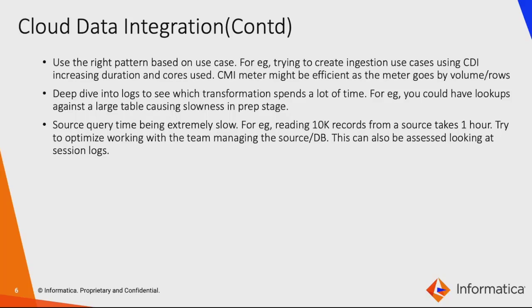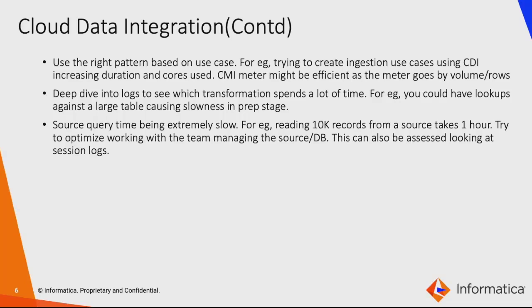So for example, you might have a pretty expensive lookup in your mapping. With lookups, you basically prep the lookup before you start the mapping, and if you're looking up against a table which has no keys or is not optimized at the database level, for example, and it's a really high volume table, we'll be spending a lot of time on the lookups when the actual incoming data is just, say, 5 records or 10 records, right?